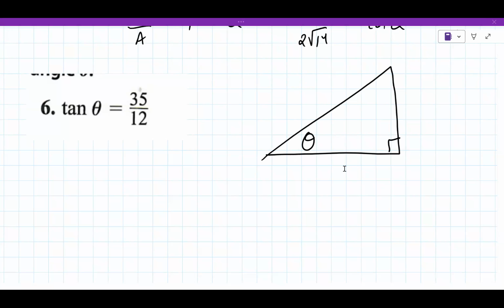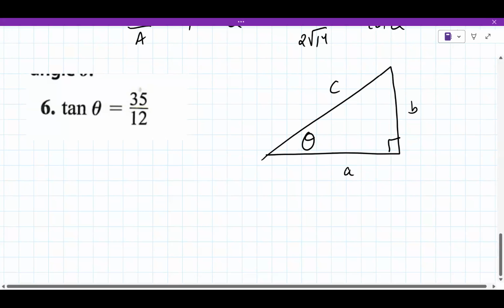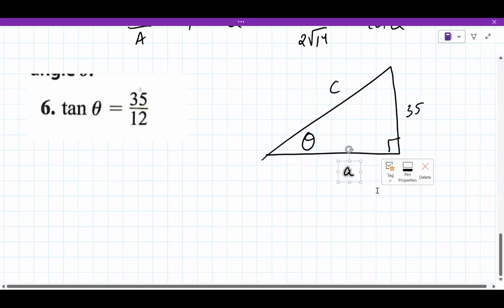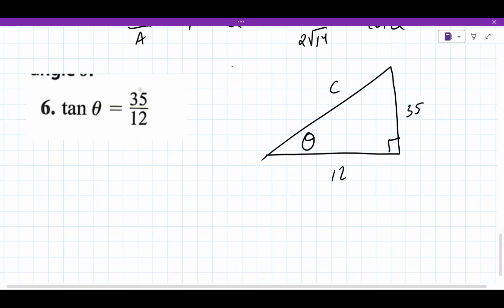So relative to this angle theta, which letter represents the opposite? C is the hypotenuse. B. Yeah, so this is 35 over 12. I misspoke there. The tangent is opposite over adjacent.